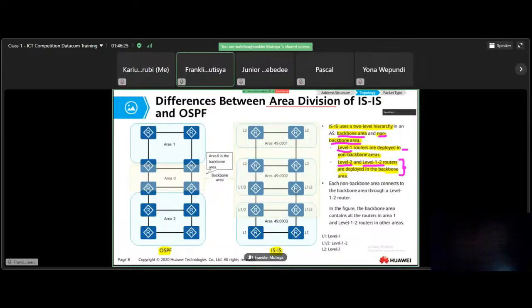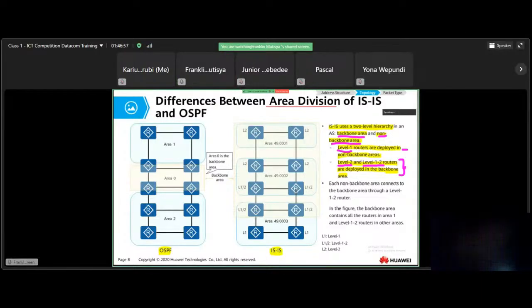In OSPF, we said the interfaces are where we base our area division. For instance, a router can belong to multiple areas. Why? Because if, say, for example, we have a backbone area, that router will have an interface facing the backbone area, and it will have another interface facing another area, say area 1.